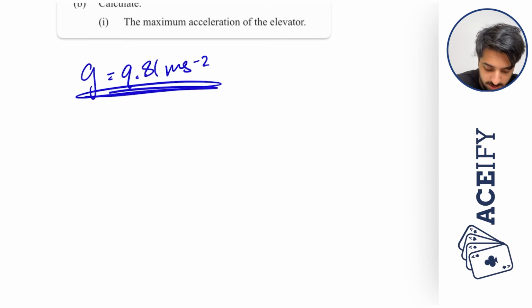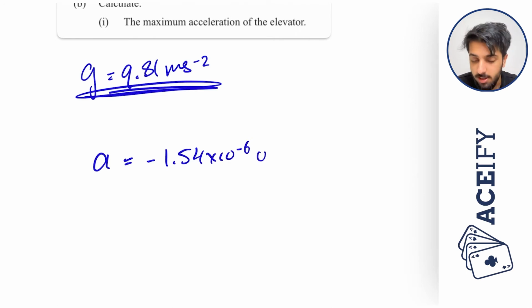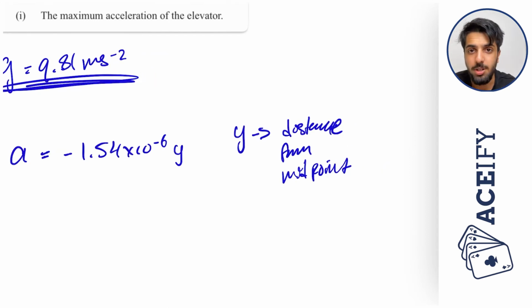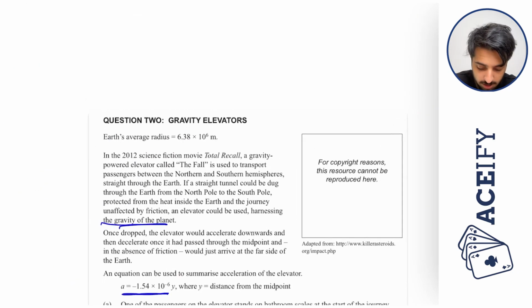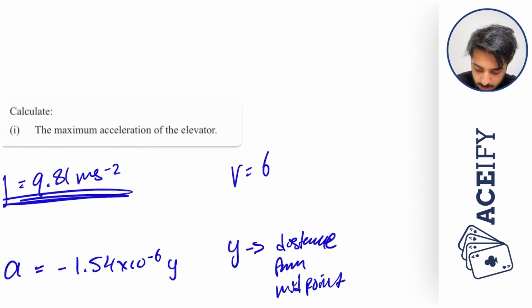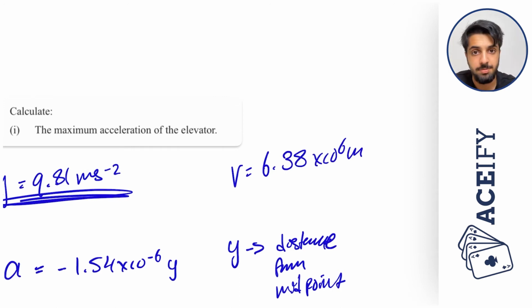So this value is our acceleration is equal to negative 1.54 times 10 to the negative 6 y, where y is the distance from the midpoint. Now, the midpoint is referring to the midpoint of the Earth, so essentially just the radius of the Earth, which we are also given up here. So the radius of the Earth is 6.38 times 10 to the 6 meters.